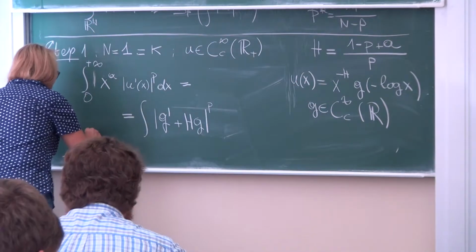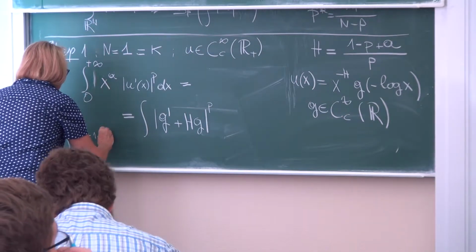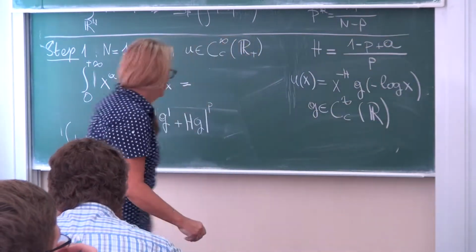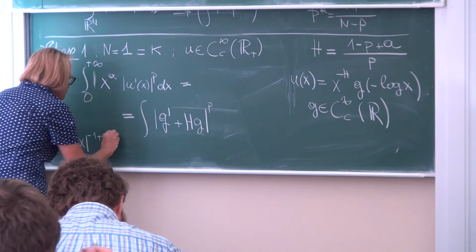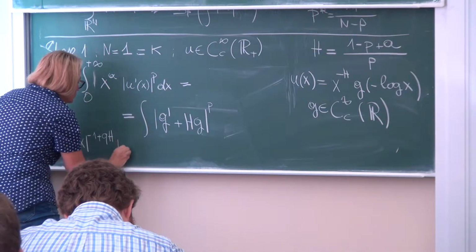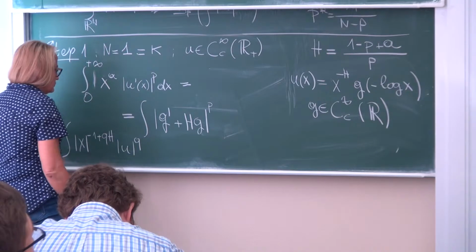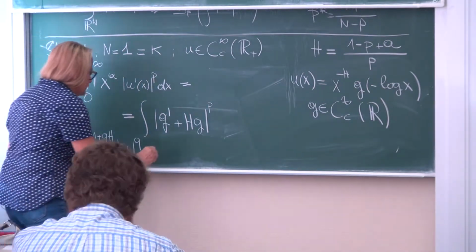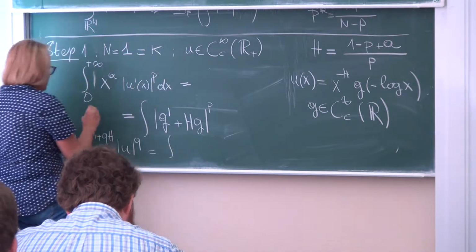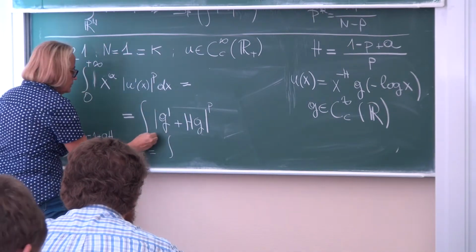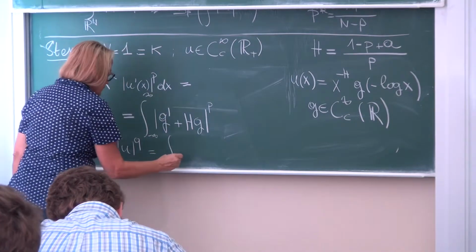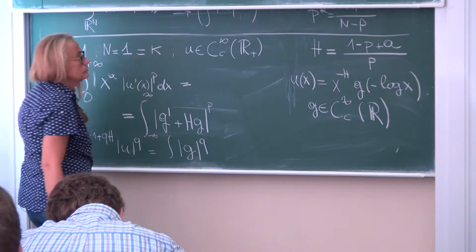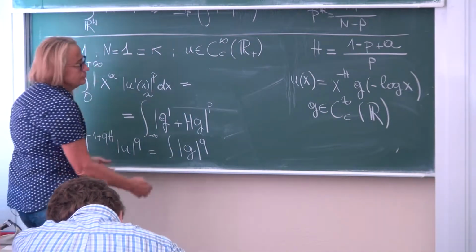It is equal to 1 minus 1 plus q, and that is the constant h. That constant. The integral of u to the q, these are integrals on 0 to plus infinity, these are integrals on the whole real line, is simply equal to the integral of g to the power q.